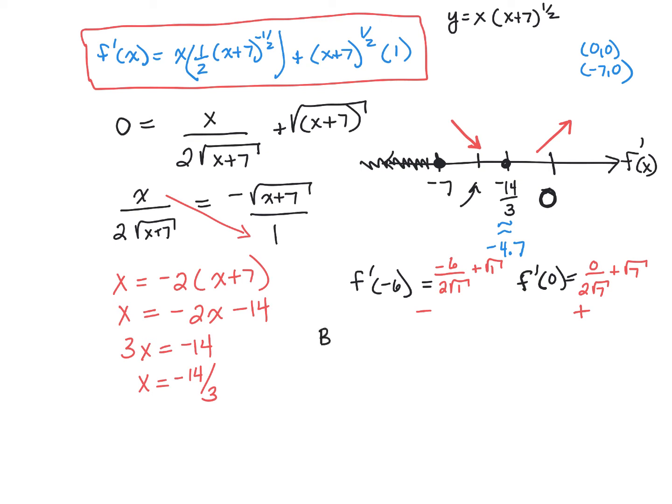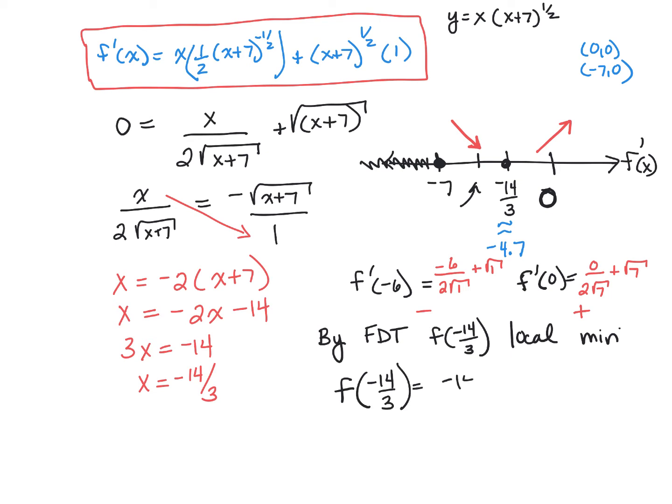So we can say by the first derivative test, f of -14/3 is a local minimum. If I plug that in, f of -14/3, we get -14 root 21 over 9, which is approximately -7.13.